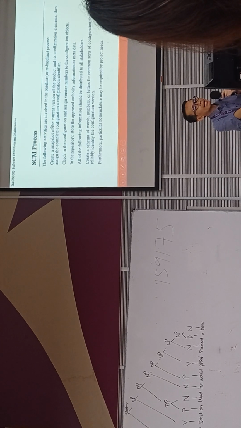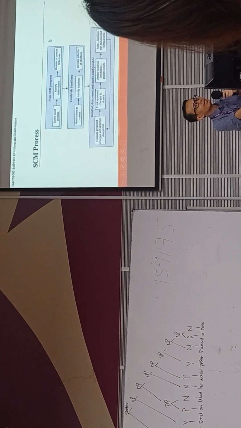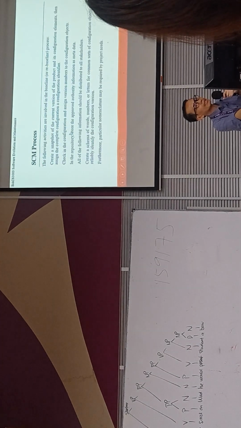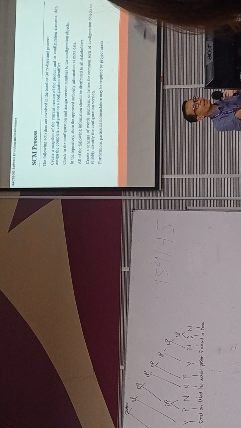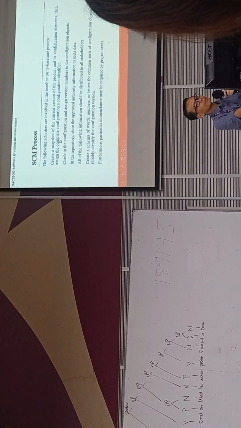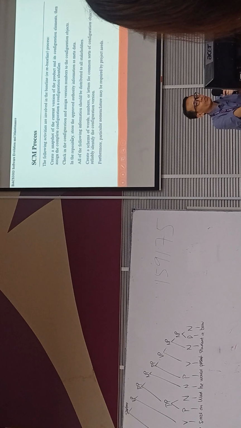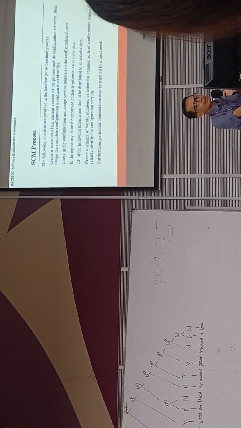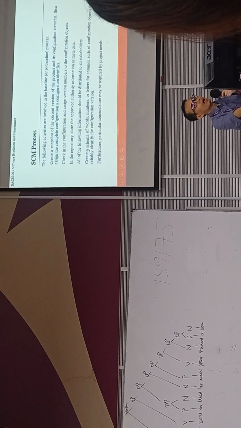Now these are the activities in the baseline process, in the second layer. For example, create a snapshot of the current version. Check the configuration and assign the version number to the item. Store the approved authority information as metadata.